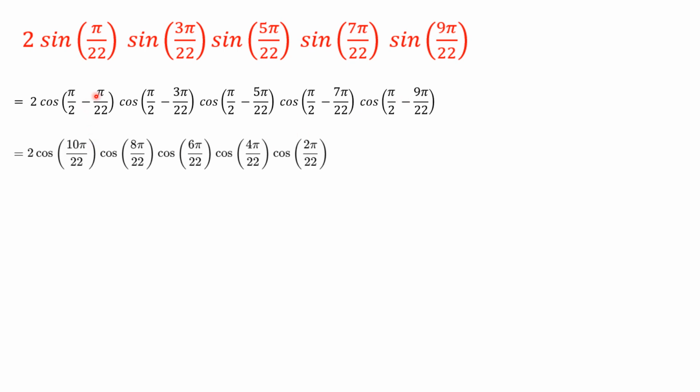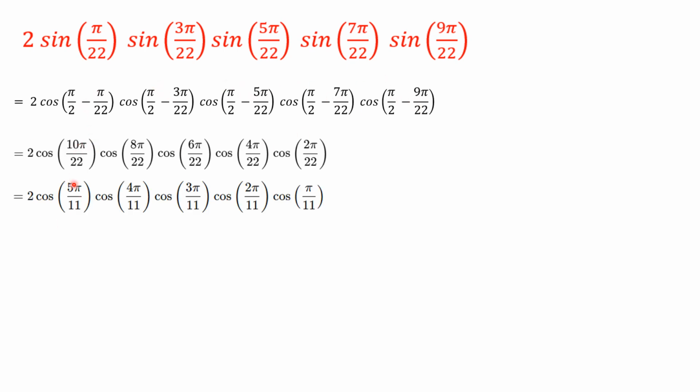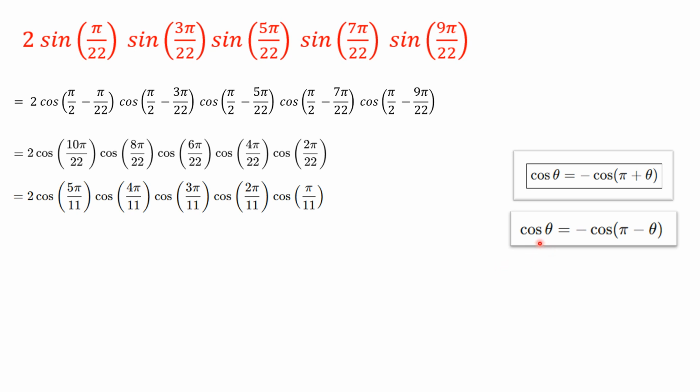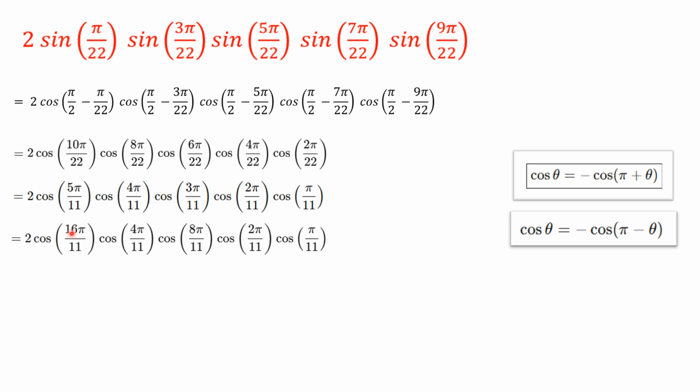Next, combine the fractions in the angles and then reduce them to the lowest terms, and then let us use the concept that cos theta is equal to minus cos of pi plus theta to cos 5 pi by 11, and let us use the concept cos theta is equal to minus cos of pi minus theta to cos of 3 pi by 11. So we get 2 cos of 16 pi by 11, cos of 4 pi by 11, cos of 8 pi by 11, cos 2 pi by 11 into cos of pi by 11.